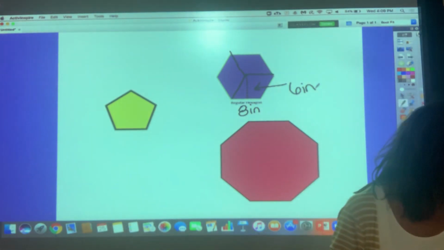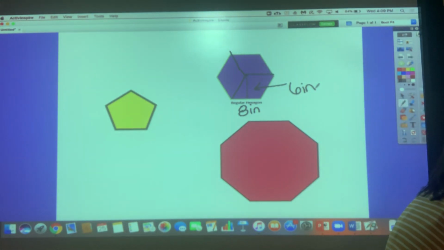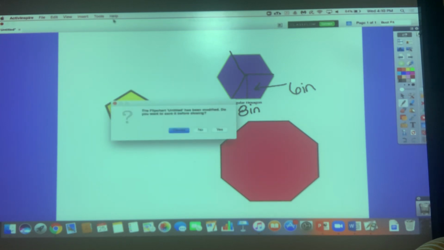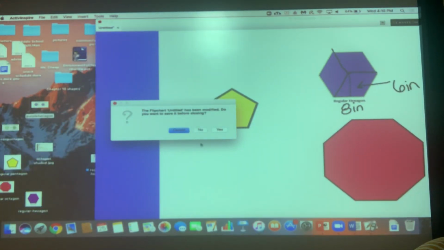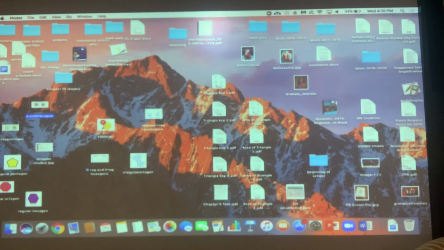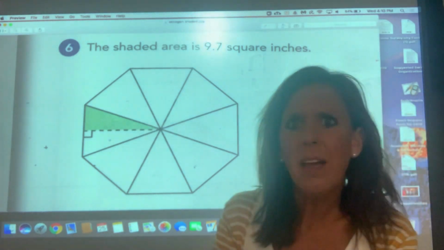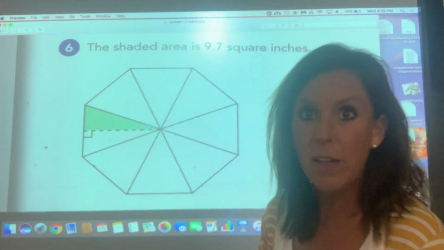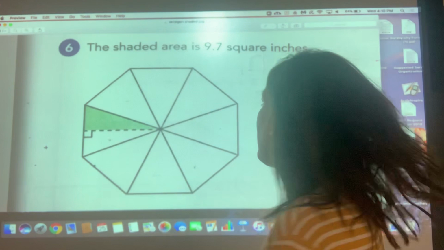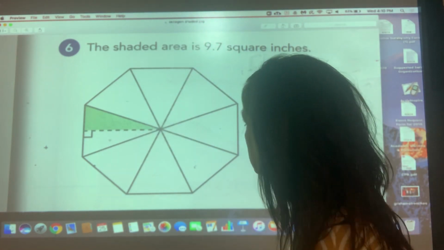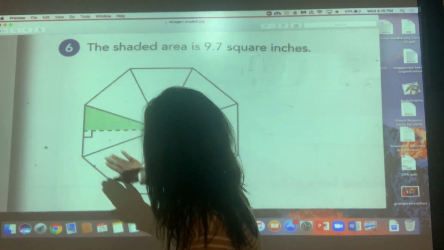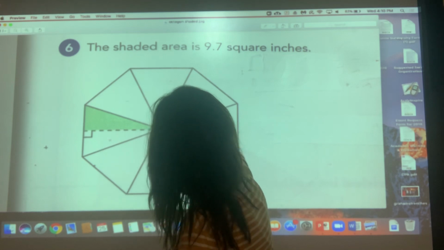All right, let's look at one more thing, this problem. We have an octagon. We already know that the regular octagon can be split into 8 identical triangles, and we see here it's split into 8 identical triangles.